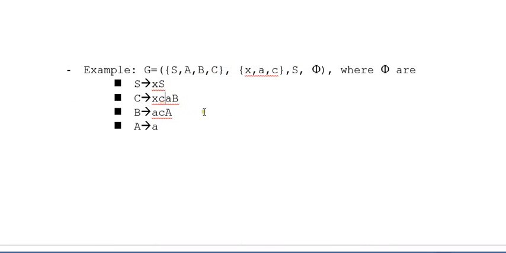In the next example, B is a non-terminal and X, C, A are all prefixed. A is a non-terminal, A and C are prefixed, and here is only one element. So we can see that all the elements which are terminals are only prefixes but not postfixes.